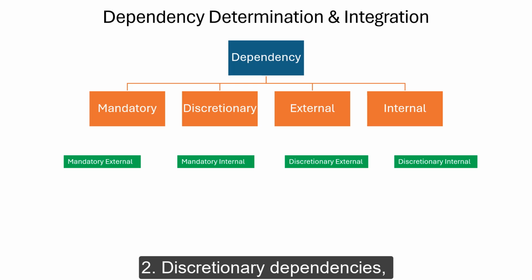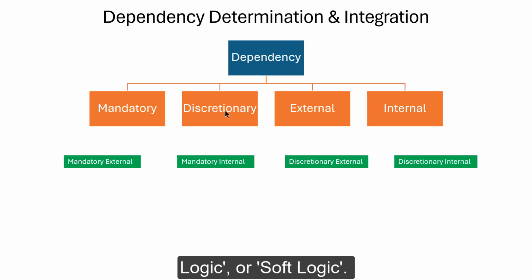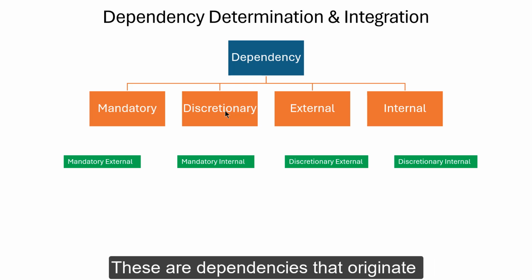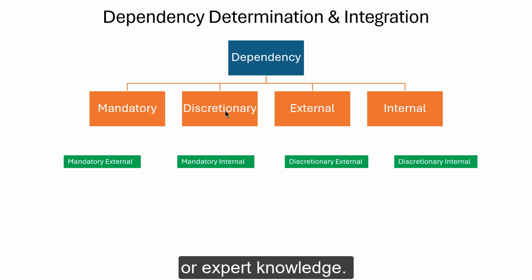Okay, the second one is discretionary dependencies, which are in contrast also called preferential logic or soft logic. These are dependencies that originate from domain knowledge. These are the dependencies that arise from best practices or expert knowledge of a certain field.